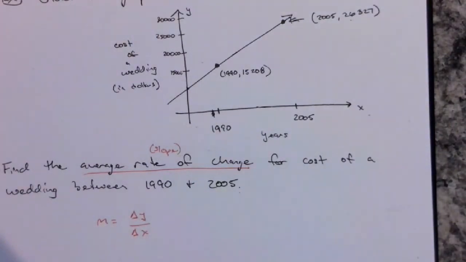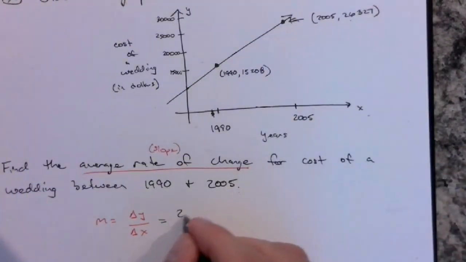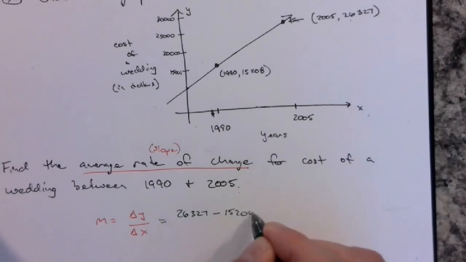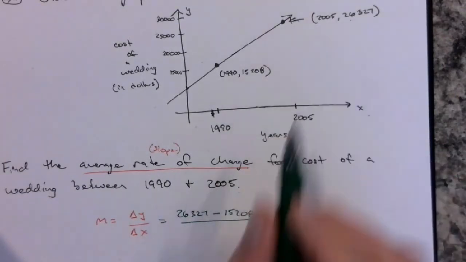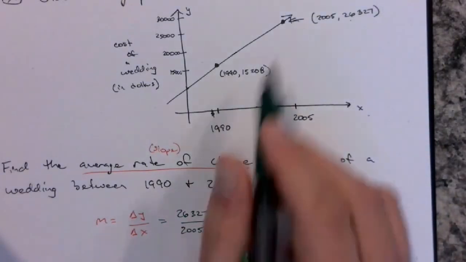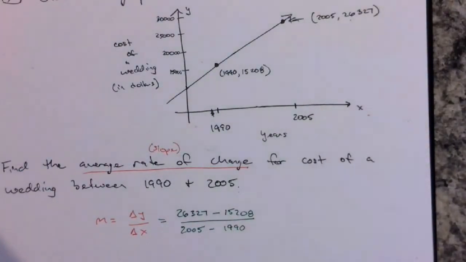Well, change in y, y2 minus y1, we'll have 26,327 minus 15,208 over the change in x, 2005, that's the x2 minus x1 would be 1990. And we're just going to evaluate this.